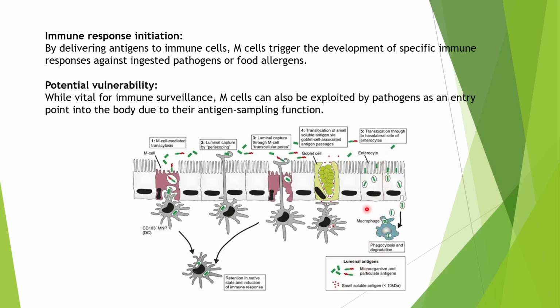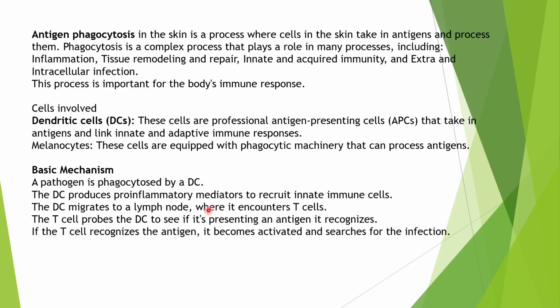Only a specific dimension or size of particle it can send for processing by your macrophages. So anything soluble that is less than 10 kilodaltons in size can pass through your goblet cell. Only that is possible. Others will not be able to be delivered. So this is how your M cells deliver your antigens, microorganisms, etc. to your lymphoid system for immune cell initiation.